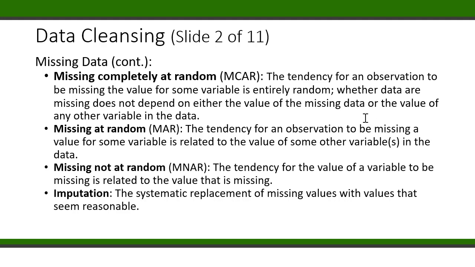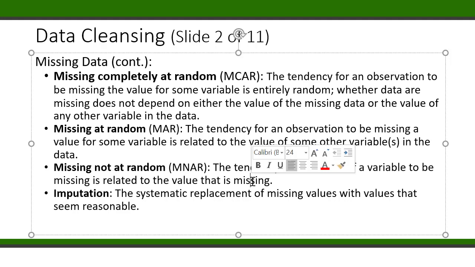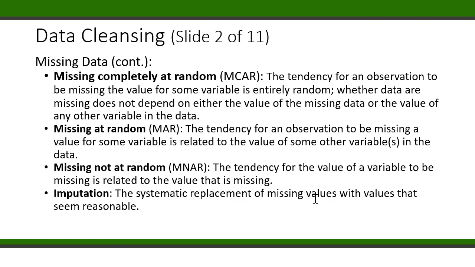So that may be more of a better example of missing not at random. So here you've asked salary or how much their spouse makes or household income, and that tends to then cause it not to answer other questions.